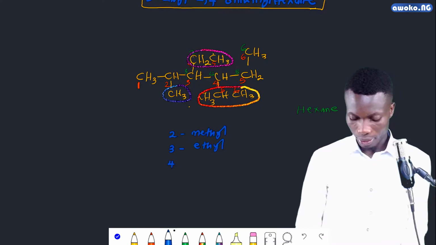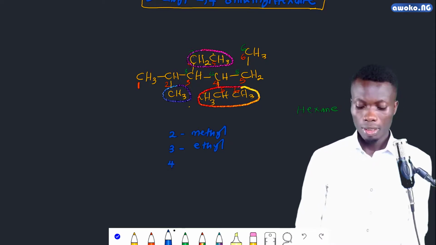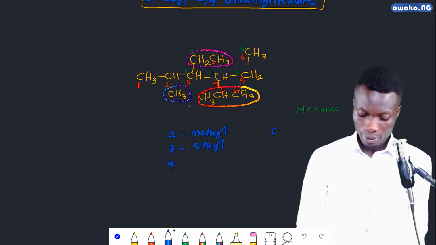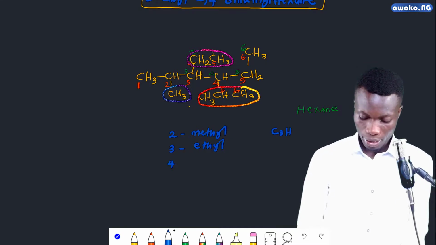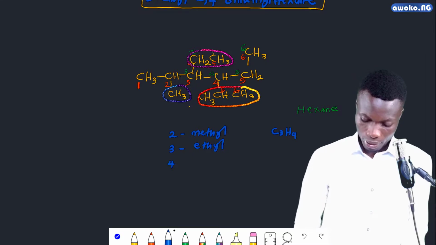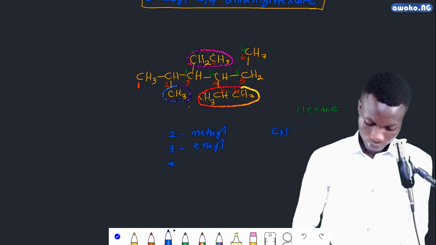Now look at it. We have the number of carbon there is 3. The number of hydrogen there is 9. Or rather, the number of hydrogen is 7.